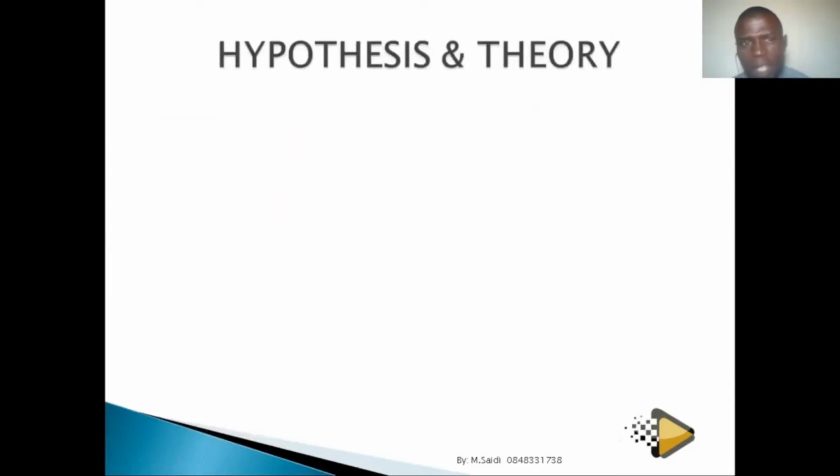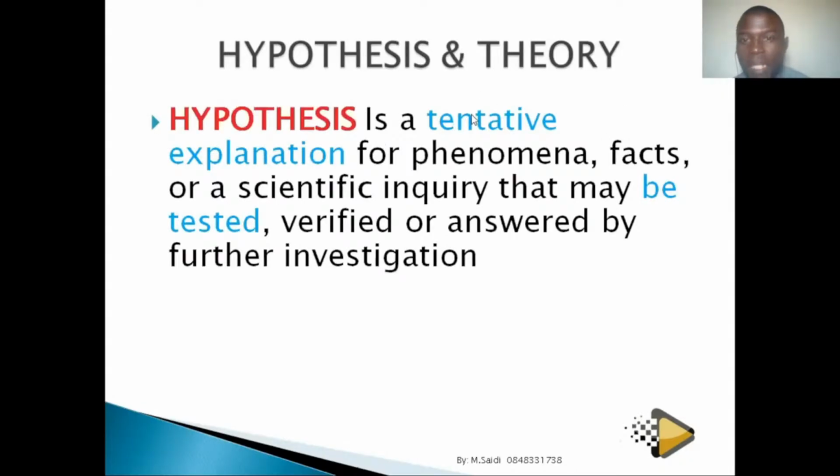So let's look at what a hypothesis is and what a theory is. When you talk about a hypothesis and a theory, you need to understand this, because sometimes people confuse these two terms. A hypothesis is tentative. You know the meaning of tentative? It means something which is not permanent.